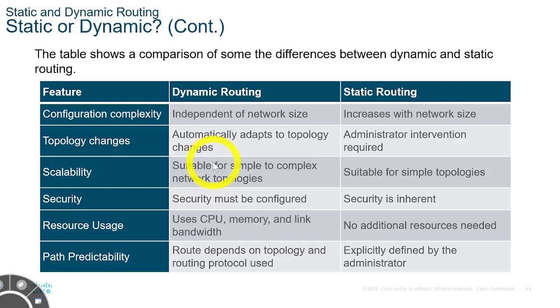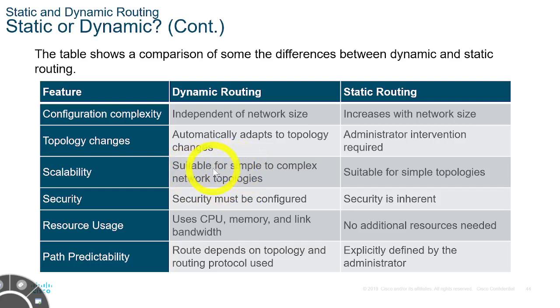Dynamic is scalable, a good choice for simple networks and also for complex networks, because each router depends on the routing protocol to update any change.